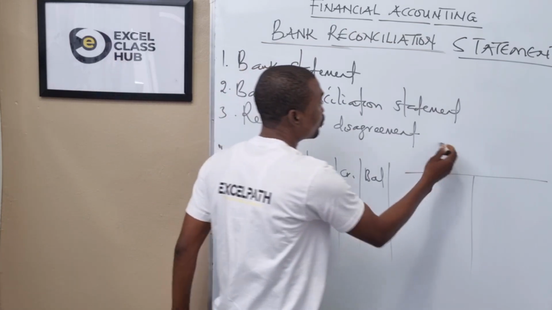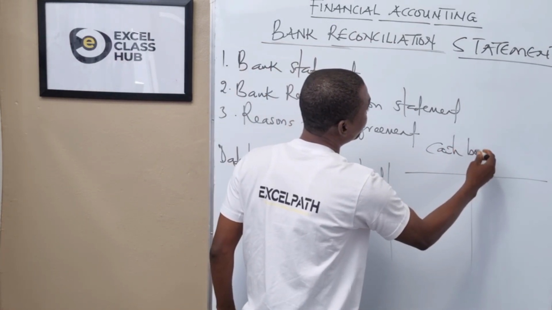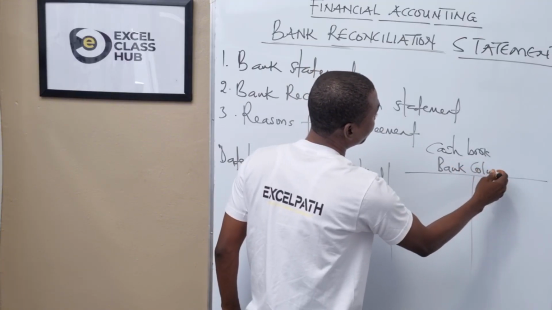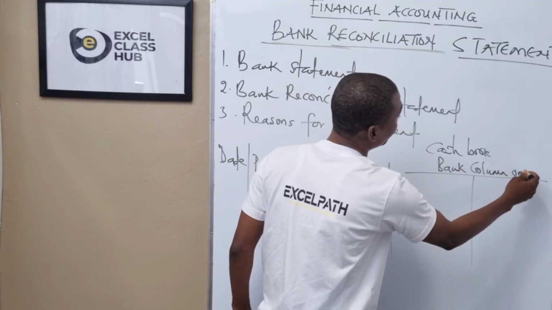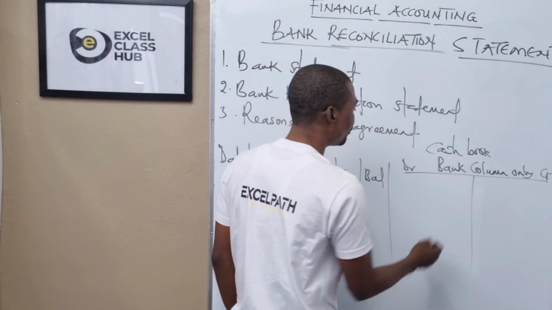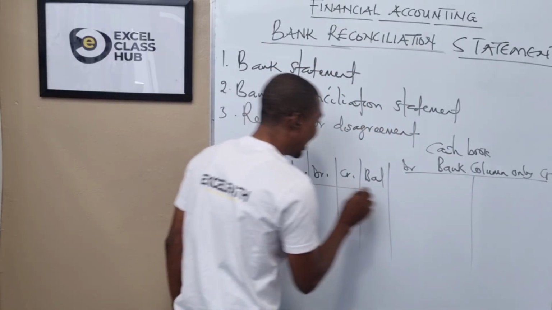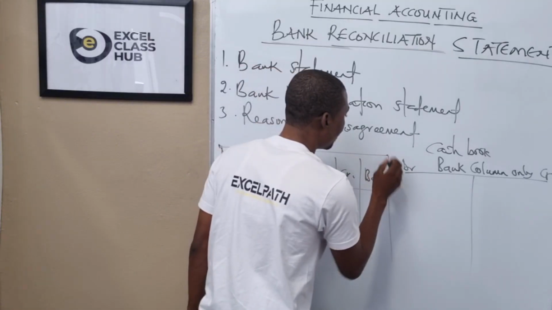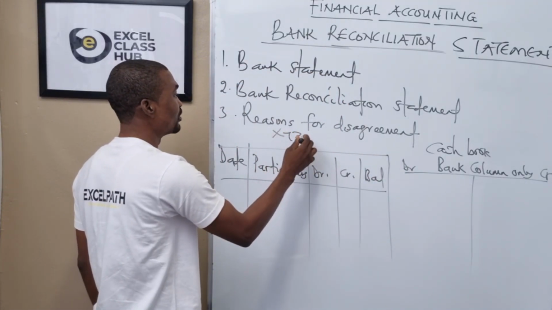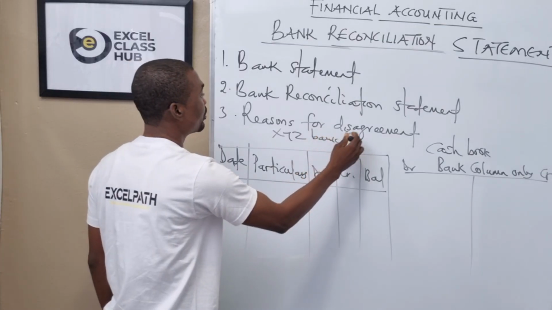So our cash book is going to be the bank column only. Okay, so these are the credit side and these are the debit side. Now, assuming that you operate a bank account, the name of the bank is XYZ Bank PLC.